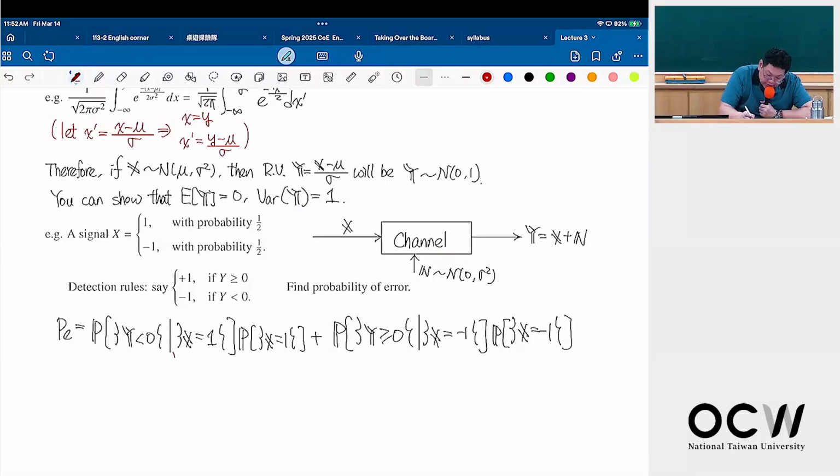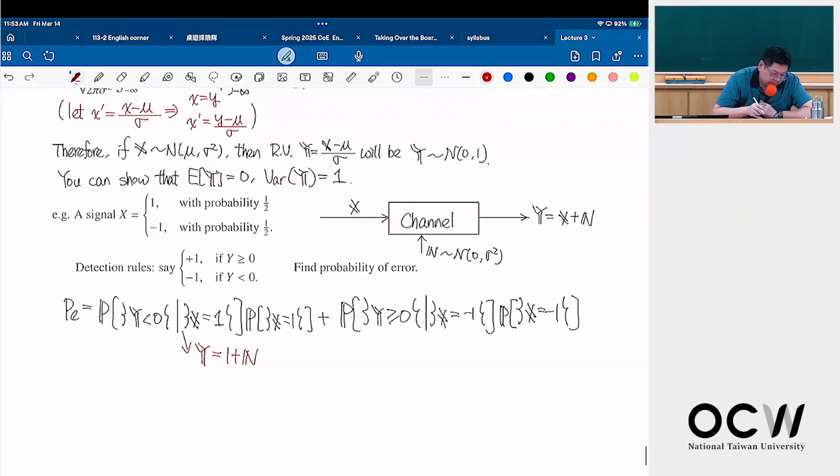So remember that under the condition X is 1, Y is 1 plus the noise N. So the expectation of Y will be the expectation of X plus the expectation of N, so it is 1.